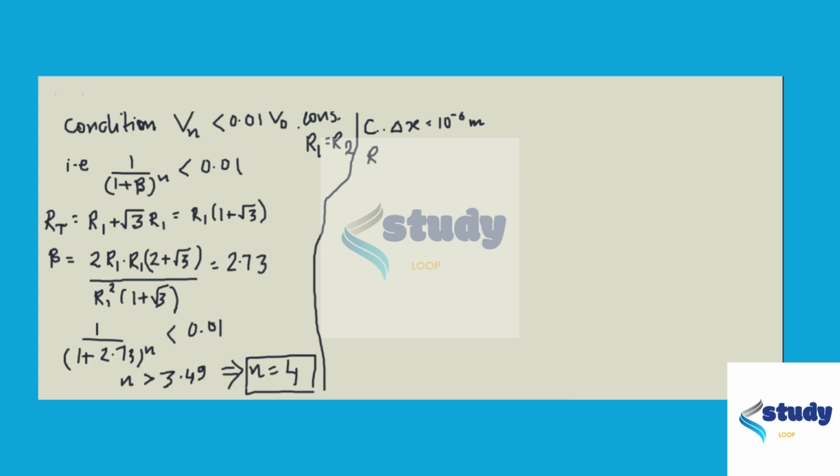And it is given that R1 equals 6.4 into 10 to the power 3 ohms, and given that R2 equals 8 into 10 to the power 8 ohms, right? So first let us calculate RT. So using the formula, RT equals R1 plus root under R1 square plus 2 R1 R2.